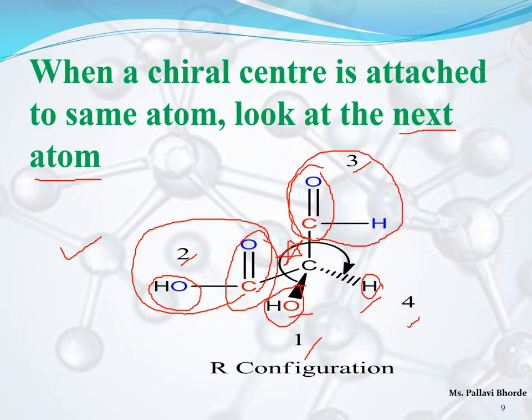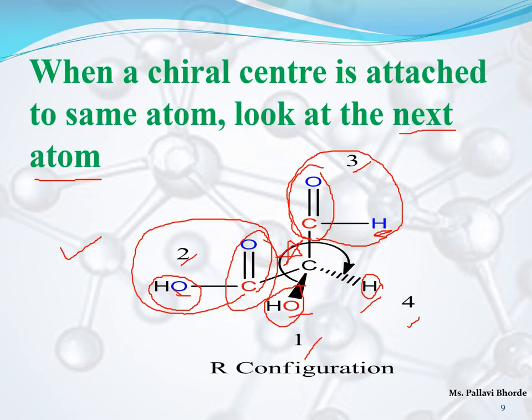So in carboxylic acid, the next atom is oxygen, and in aldehyde, the next atom attached to carbonyl is hydrogen. So who will get higher priority? Of course, carboxylic acid will get higher priority because the carbonyl group is attached to oxygen, and the third priority group will be aldehyde because the carbonyl group is attached to hydrogen, and the fourth priority group is hydrogen.